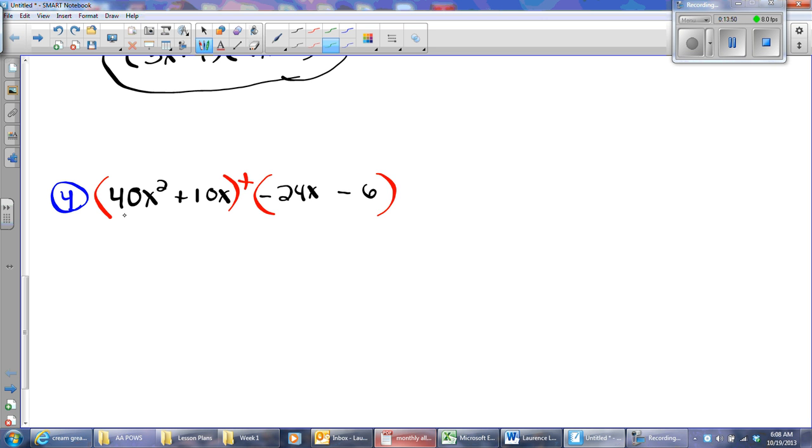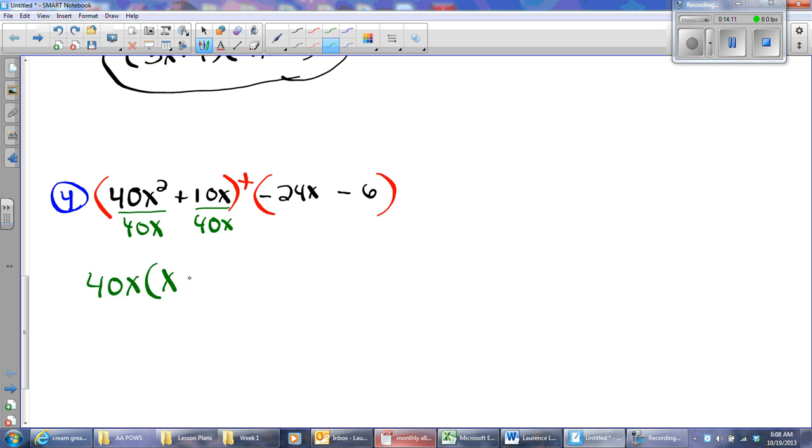Okay, so I'm looking at this first quantity, and I'm seeing 40 and 10. I believe the GCF part will be 40, the numerical part, excuse me, and the variable part is going to be x. So I am going to pull out a 40x, and it looks like I'm going to be left with an x in the first part.